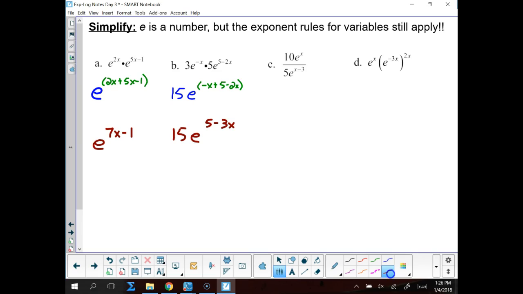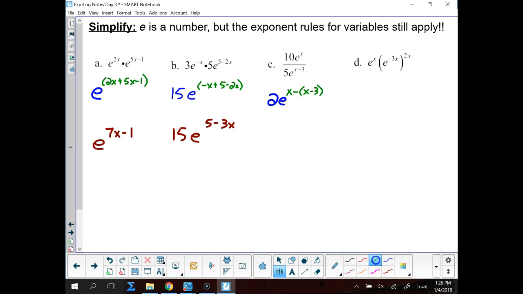Okay? What about the 10 and the 5 in letter C? So they divide to be what? 2 on top. Okay. So the 2 stays on the top. And what about the exponents then? We subtract them. So this is going to be x, my top exponent, minus my bottom exponent.